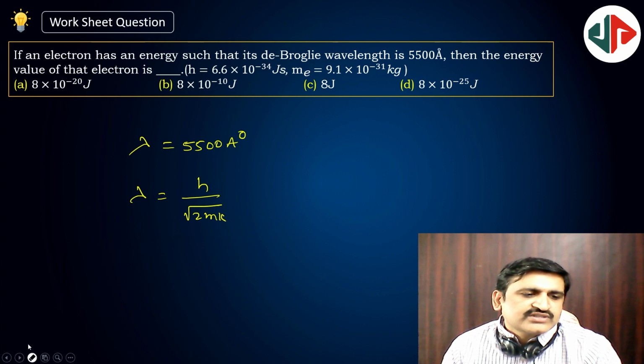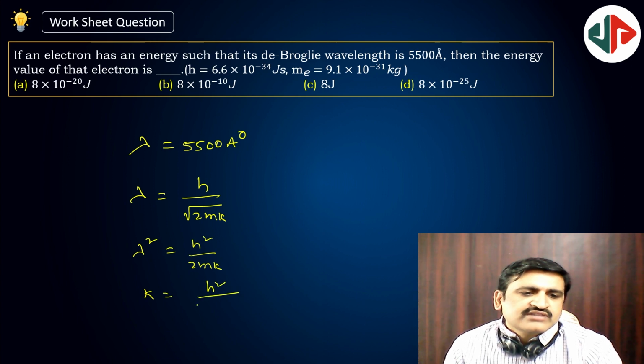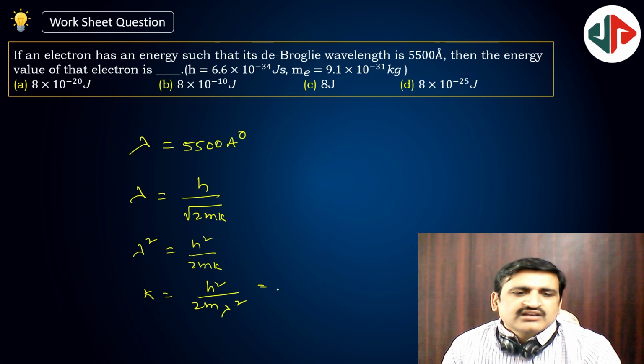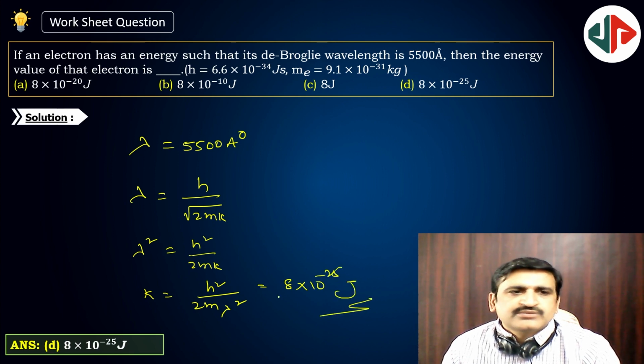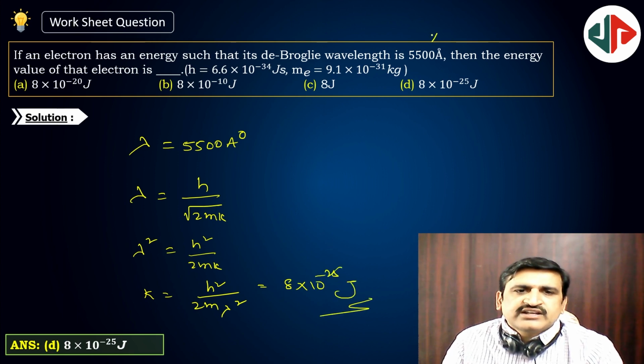Let us reduce the number of steps: lambda square equals h square by 2mK. Then K is equal to h square by 2m lambda square. Now let us substitute h. On simplification, I have the value 8 into 10 to the power of minus 25 joule. Just substitute, and 10 to the power of minus 10 should be taken here.